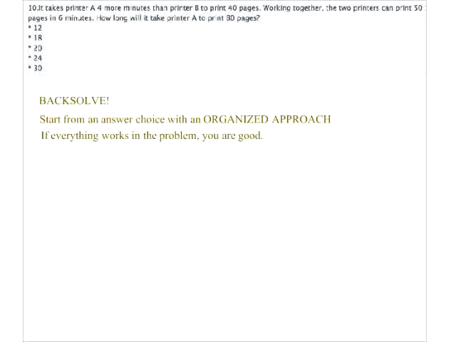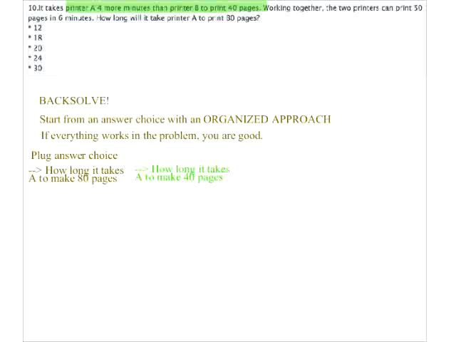When you plug in an answer choice, that's going to be the time taken by A to make 80 pages. But we don't really care about that. We care about this. So we can find how long it takes A to make 40 pages, which is just half of that. And then how long it takes B to make 40 pages. Let's make that a little bit smaller font size.